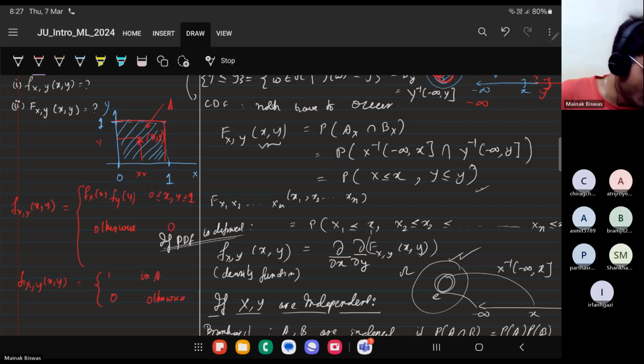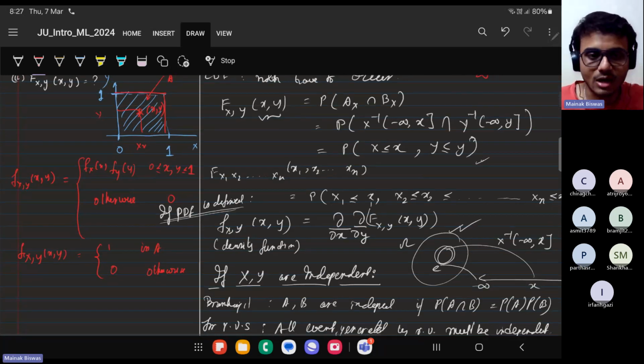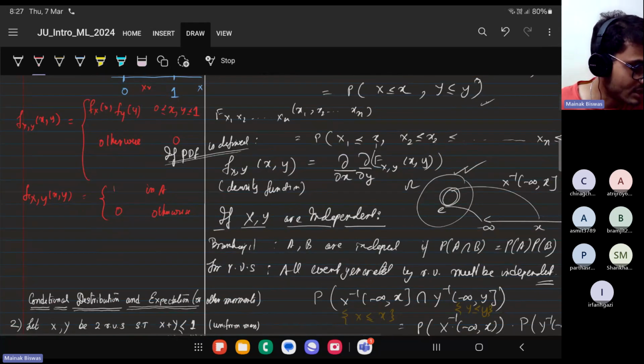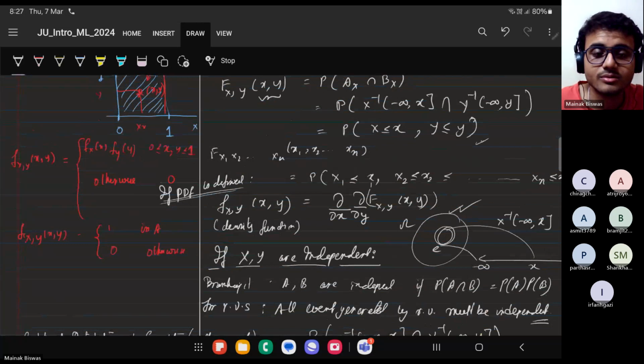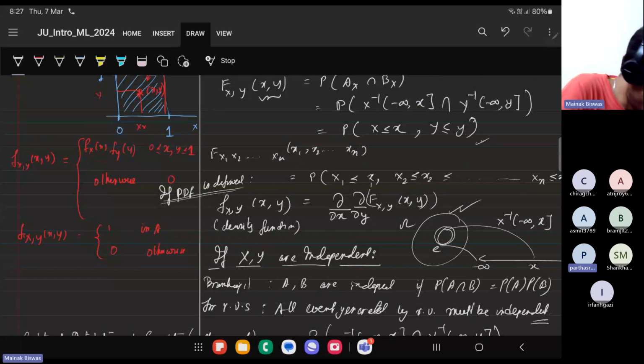Now just to validate that we have found the PDF correctly, how will I check it? We'll integrate and see if it is 1. Very good. So 0 to 1, 0 to 1, dx, dy, right?